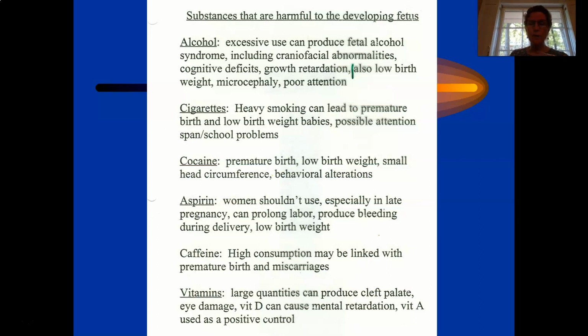But even vitamin A, for instance, can be really harmful if it's given in large doses. And a positive control, that just means if you're testing out a new drug and you want to compare that drug's effects to some known effects, you could use something like vitamin A or alcohol. And in large doses, those always cause bad effects, basically. And you could test the effects of a new drug compared to those.